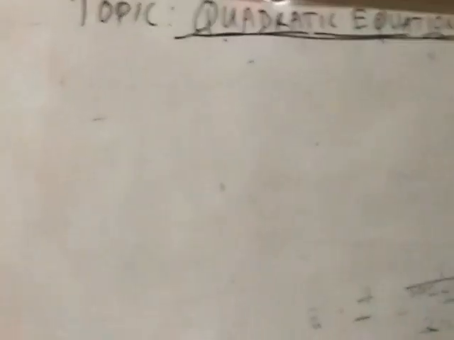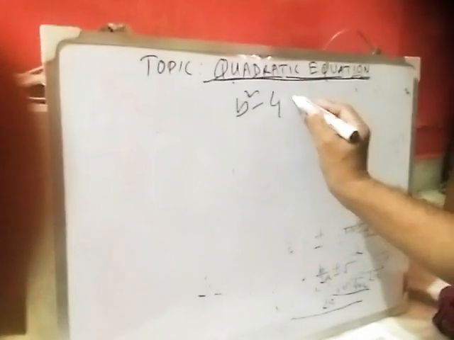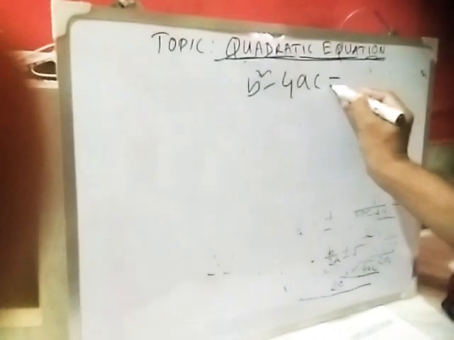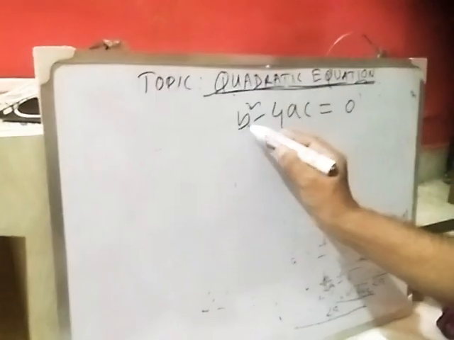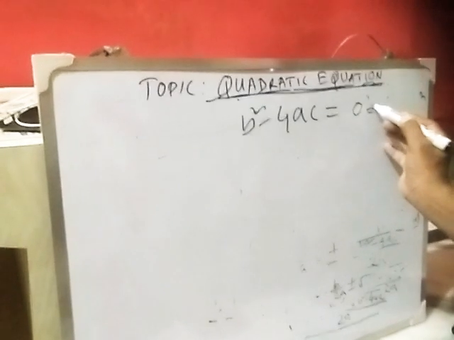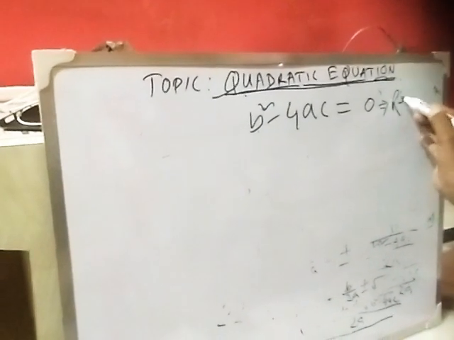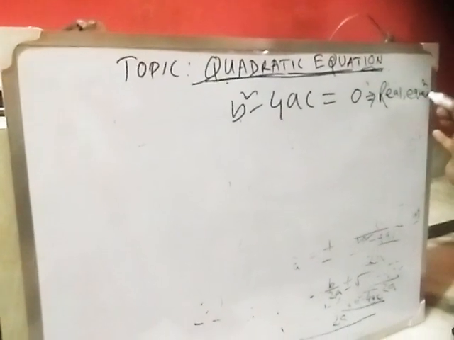What is the function of the discriminant b square minus 4ac? It will help you decide whether the roots are real or imaginary. If b square minus 4ac equal to 0, then roots are real and equal.